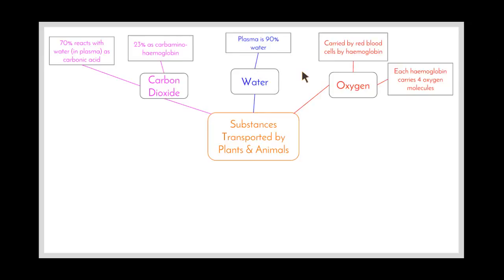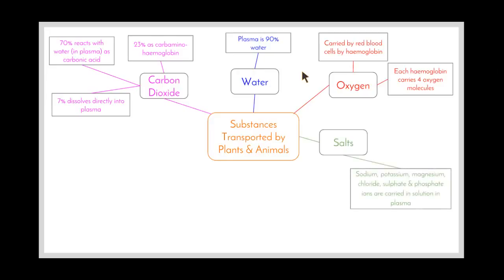About 23% of the carbon dioxide combines with hemoglobin once it's delivered the oxygen to the cells, forming a substance known as carbaminohemoglobin. And about 7% of the carbon dioxide in our blood dissolves directly into the plasma. Now salts.